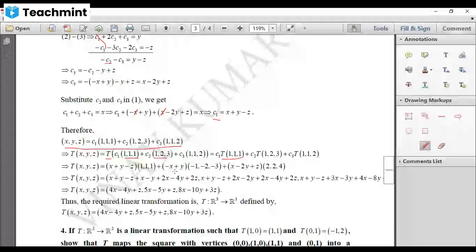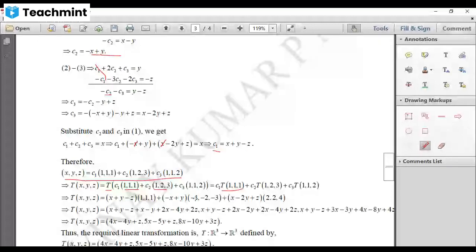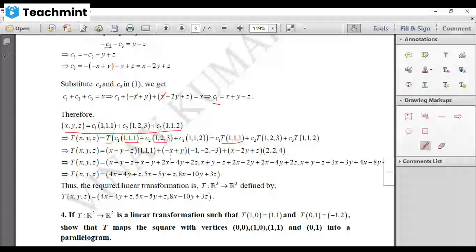Image of this is minus 1 comma minus 2 comma minus 3, plus C3 is this and image of this is 2 comma 2 comma 4. As usual, multiply this x plus y minus z with these coordinates, this with these coordinates, this with this coordinate, and add the corresponding coordinates.